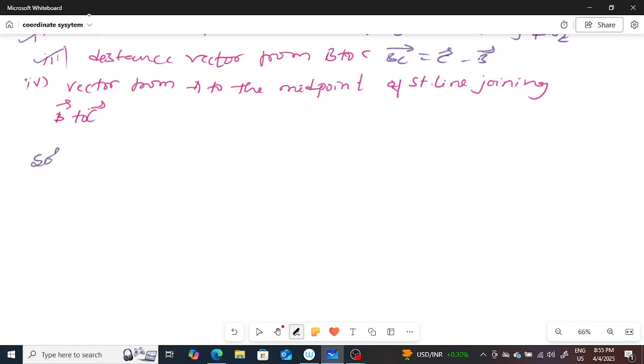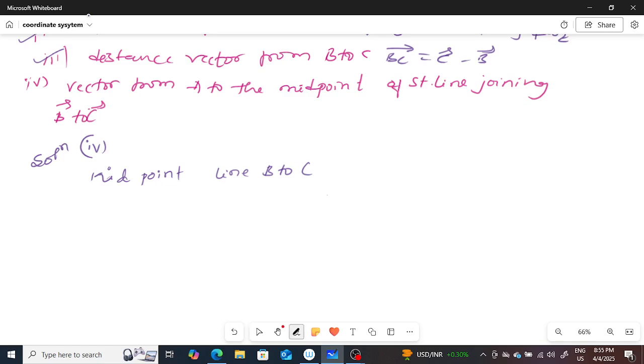Let's take the B to C line. So how will you find it?